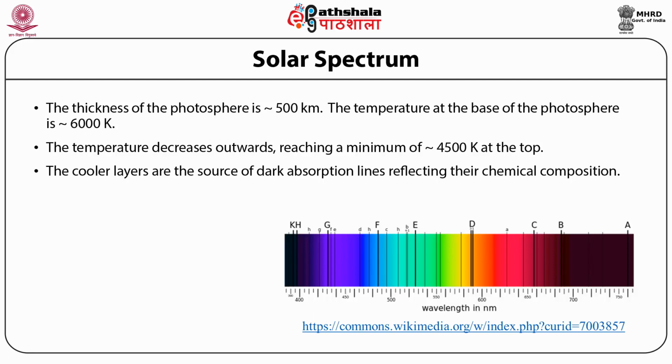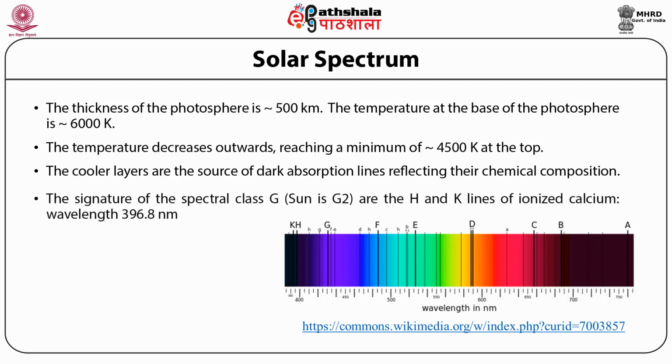Now, as you can see from this figure, there is a prominent pair of sodium lines, designated as D lines, of wavelengths 589 and 589.6 nanometers.